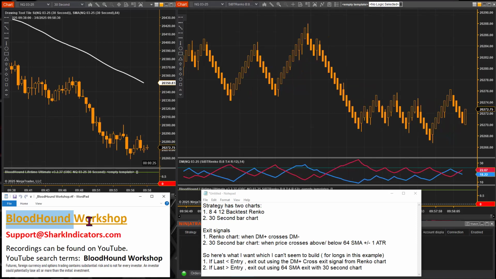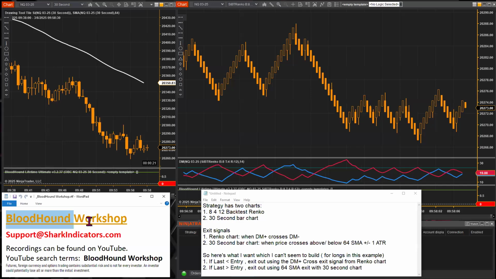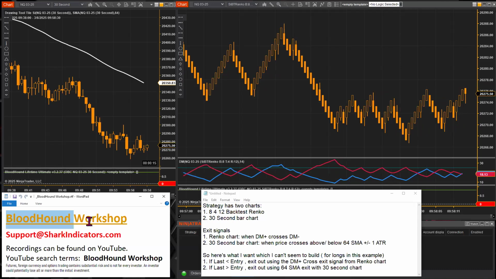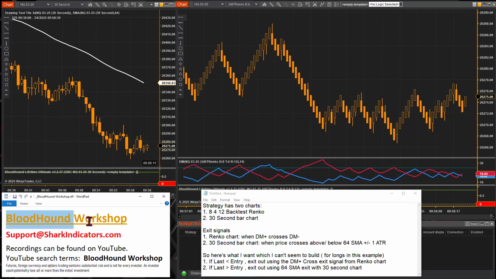That's a safeguard, because if you don't build your entry signals correctly, you could submit so many trades that you'll get a margin call, if you're doing futures or stocks.